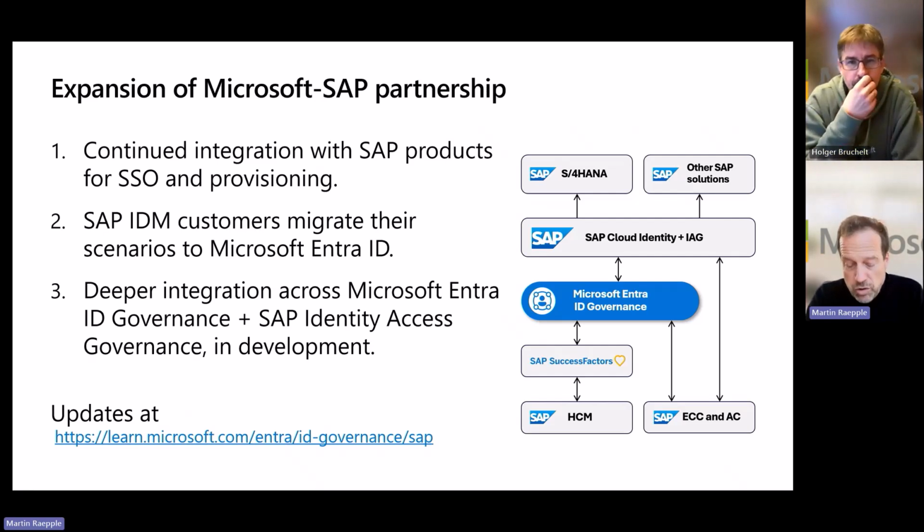And as we all know, at least those who are familiar with the SAP security portfolio, there's also the SAP Identity Access Governance and SAP Access Control products, so the on-prem solution for risk and compliance, as well as the cloud-based solution IAG, and integration with those risk and compliance solutions is also intended by the close collaboration.